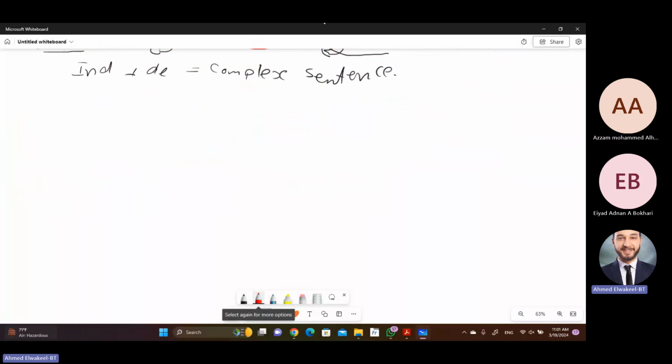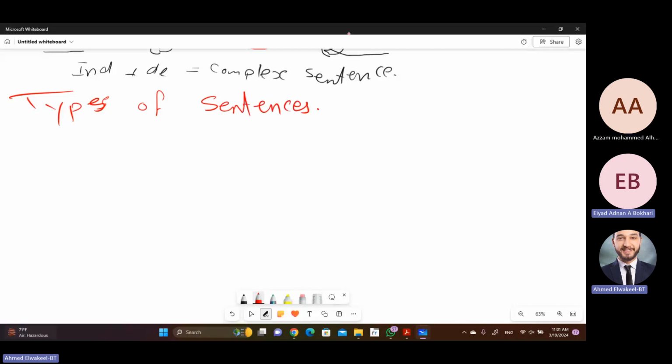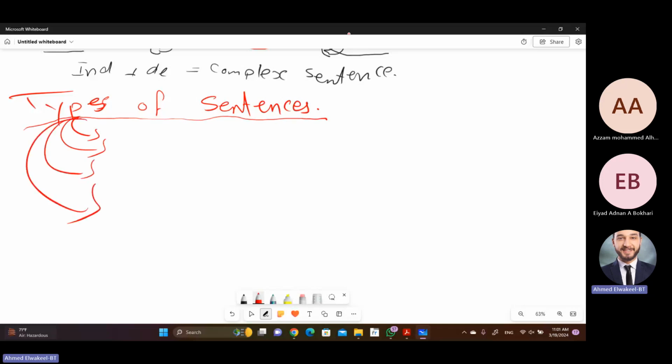Okay. The types of sentences: simple, compound, then complex, and compound-complex. Bingo. So number one, two, three, and four.